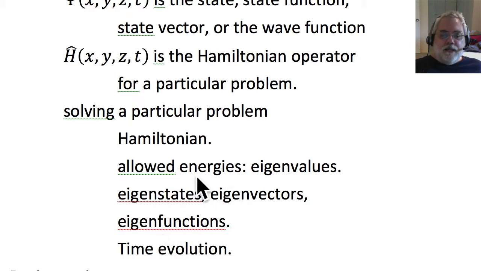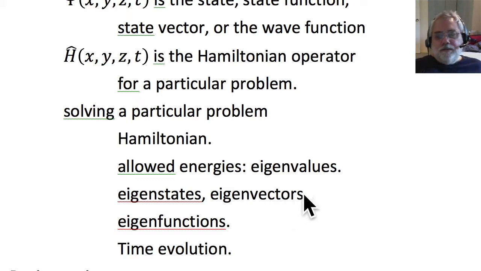Finding the eigenstates associated with the eigenenergies also can be simple, can be difficult. And then eventually, that was all for a fixed time, t equals 0, and then we evolved that to see all future times. That's quantum mechanics in a nutshell.